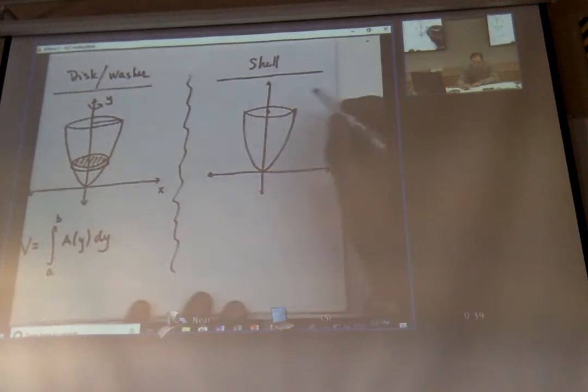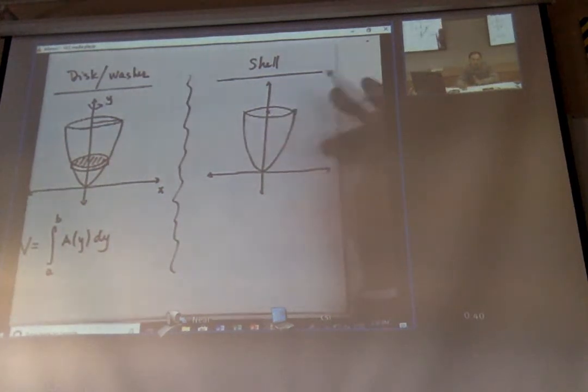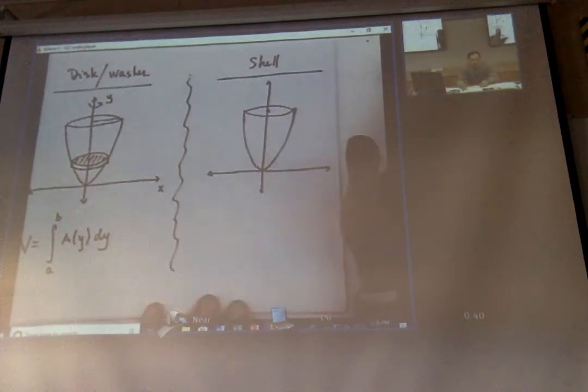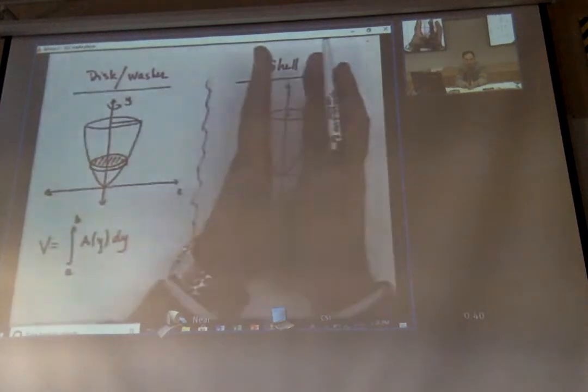First of all, when I fill in this volume with the pipes, all pipes will be positioned parallel to the axis of rotation, not perpendicular like over here.